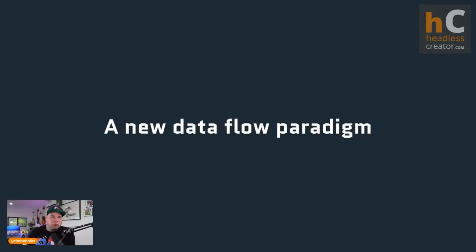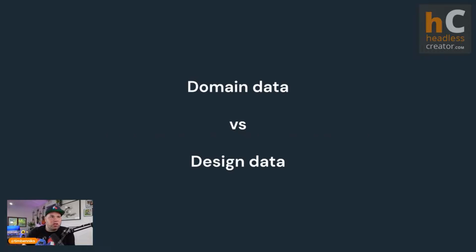There is a new flow of data. There's a new paradigm of how this works. And we call this domain data versus design data. And this is where things start to be really different from the DXP. Because in a DXP, you have all your data in that CMS. And then you build pages in your CMS, right?